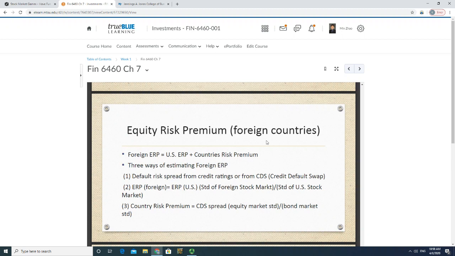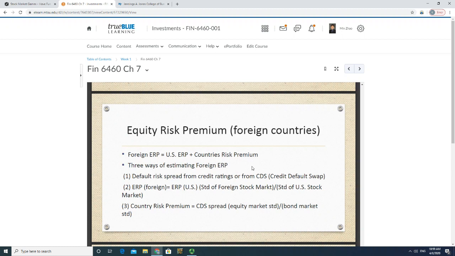The website updates the estimation of the risk-free rate, equity risk premium, CDS spread, and so on and so forth. So I really encourage all of you to get access to the author's website to see the most recent updated information for risk-free rate estimation, ERP, as well as other financial metric estimation.